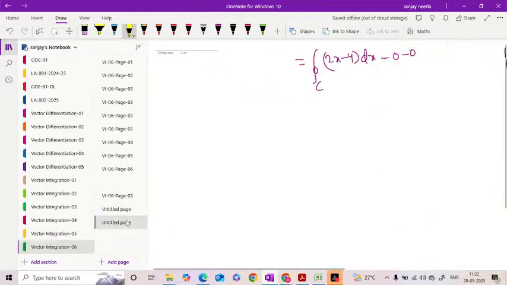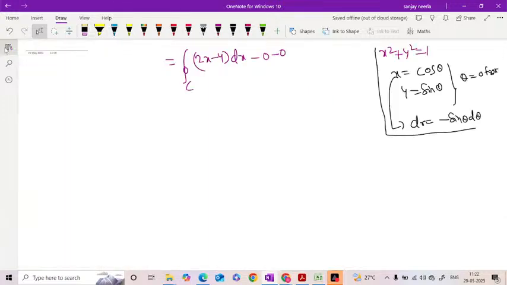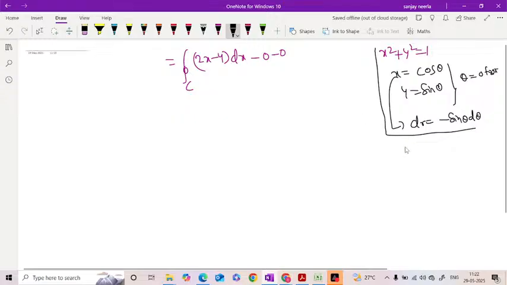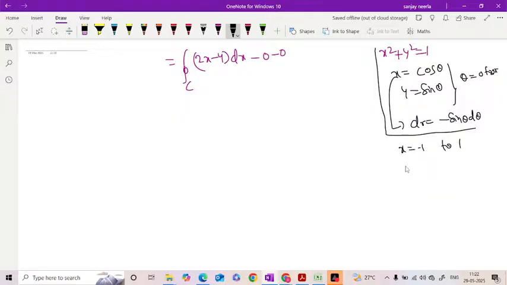So the xy projection became a circle, and here again this line integral we can solve in two ways: by converting to polar form or by taking the Cartesian form. In the Cartesian form, you have to take x limits as -1 to +1 and y is equal to under root of 1 minus x square. That is the first way.